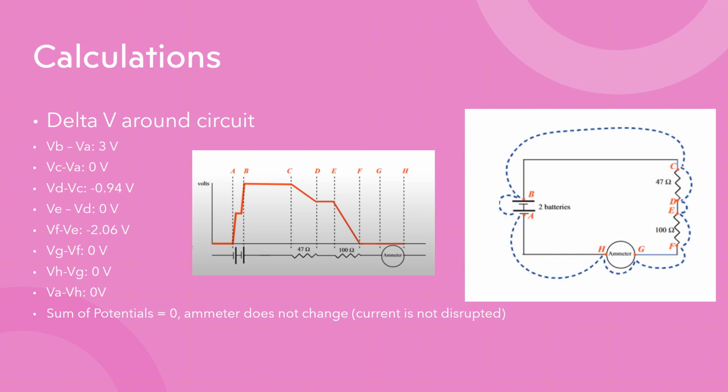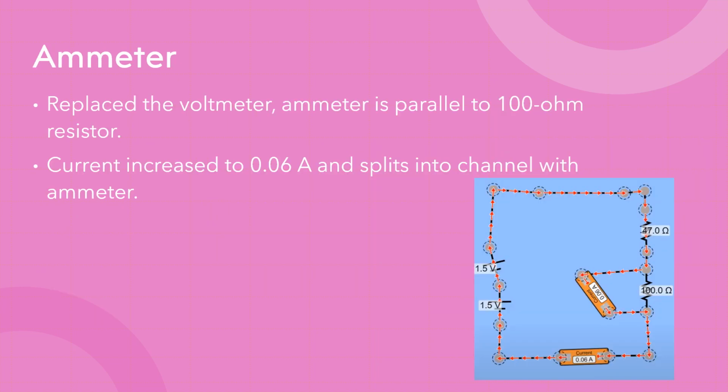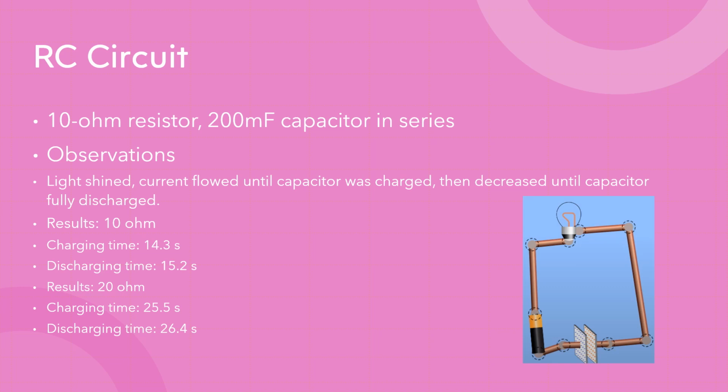And the ammeter does not change because the current is not disrupted in the circuit. Then I replaced the voltmeter with the ammeter, and I made it parallel to the 100 ohm resistor. After doing that, the current increased to 0.06 amps from 0.02, and it splits into the channel with the ammeter. And now we did a connection to an RC circuit as well.